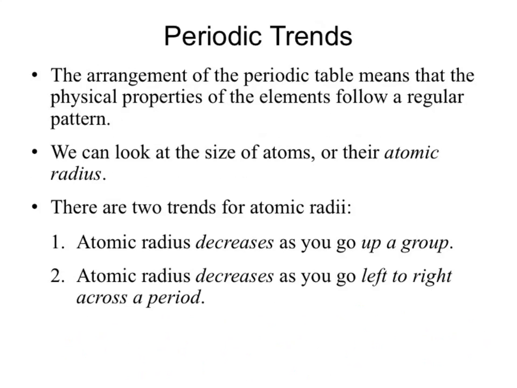Okay? The tricky one that's going to involve knowing a little bit more about atomic structure is looking at the atomic radius within a period, across a row. What happens as we go left to right? Initially, what might we predict as we go from lithium to beryllium to boron to carbon, nitrogen, oxygen, fluorine?